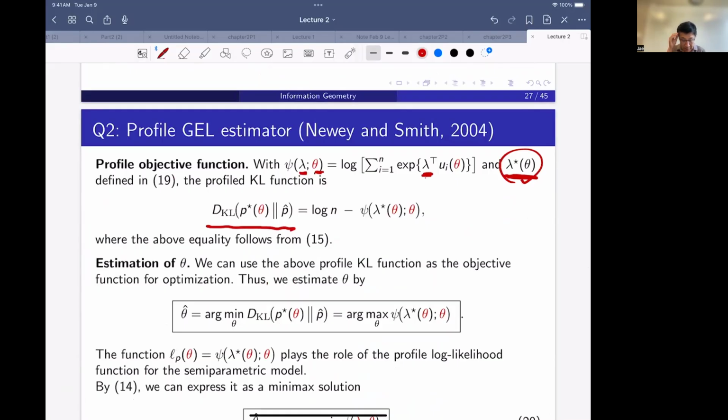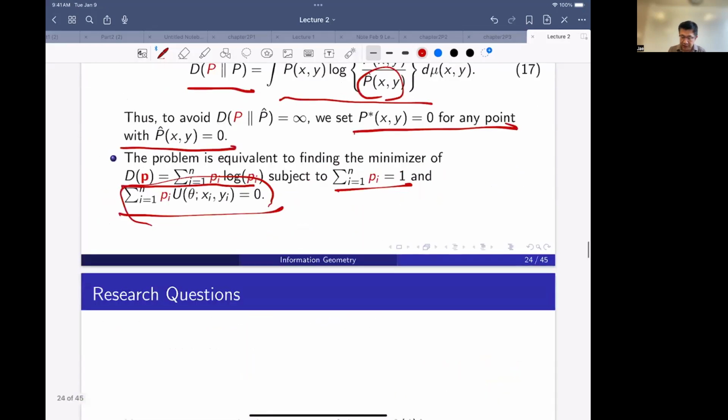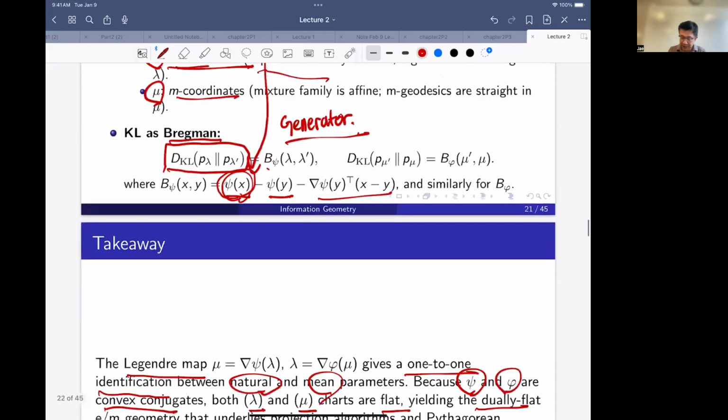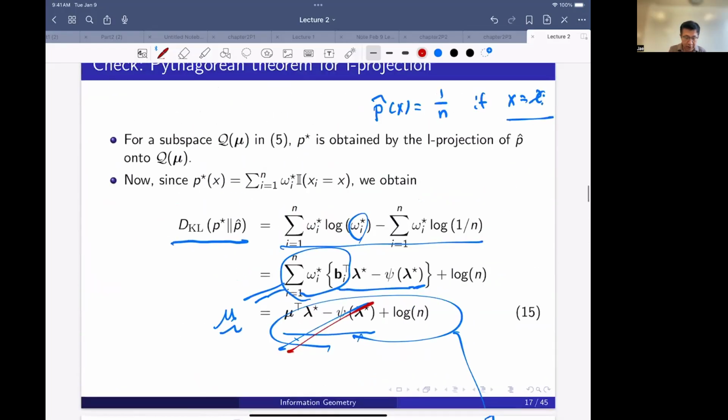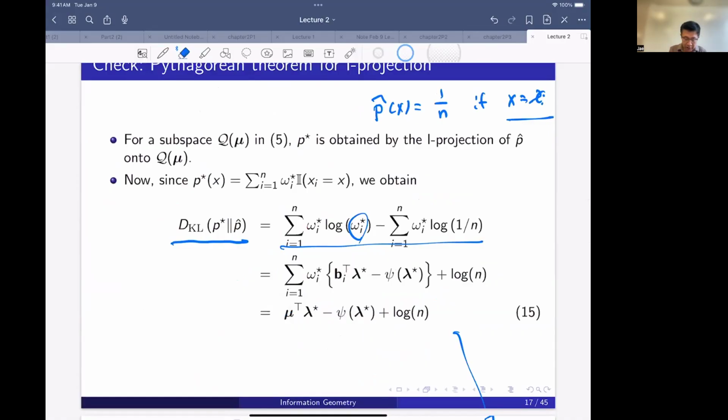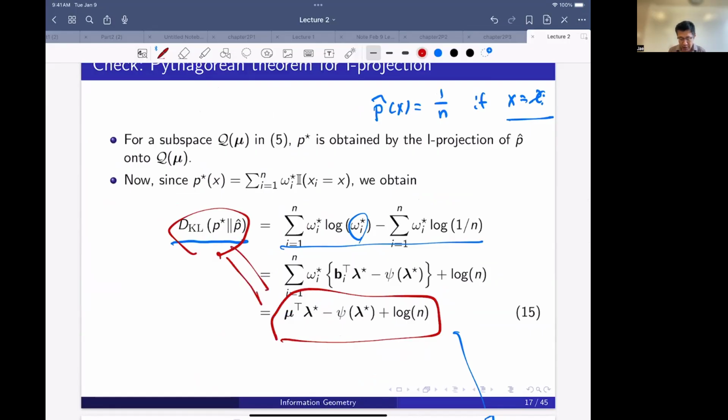Then it turns out that by equation 15, if you remember, let's go back to 15. What is 15? Here, this is 15. And mu is 0 in our problem.